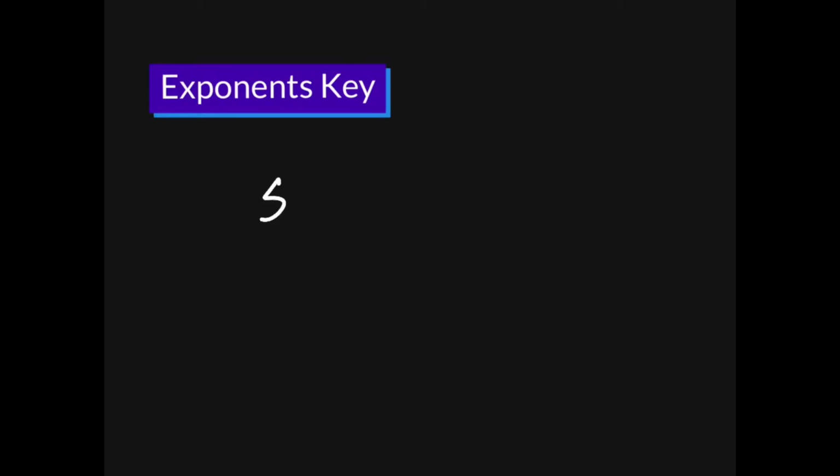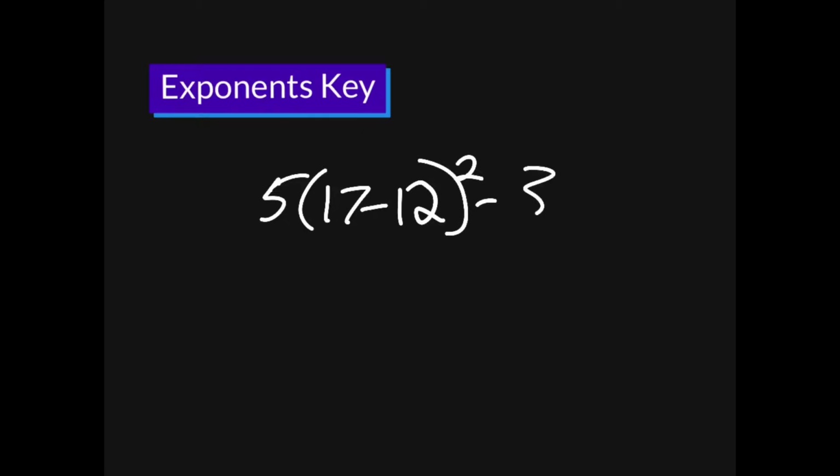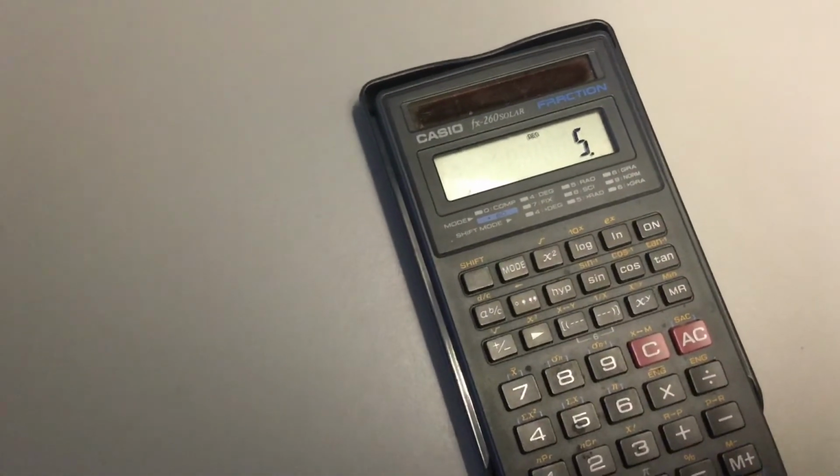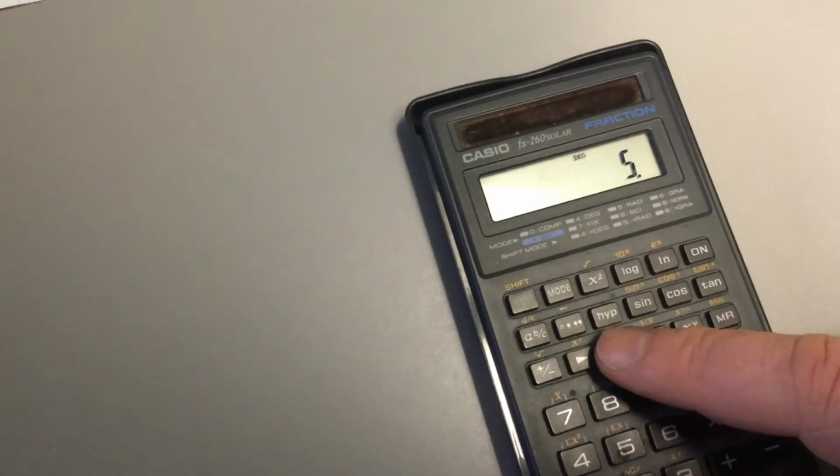Now here's an even more complex example involving the order of operations and brackets or parentheses. We have 5, and that's times 17 minus 12, all squared, minus 3 times 21 divided by 3, and that's cubed. And this is an example you worked out manually earlier. So let's go 5, and we're going to multiply, because you can't just put it beside the parentheses.